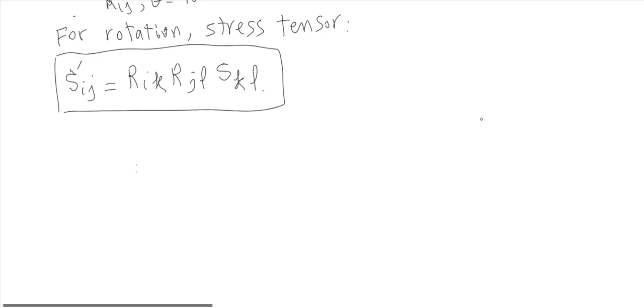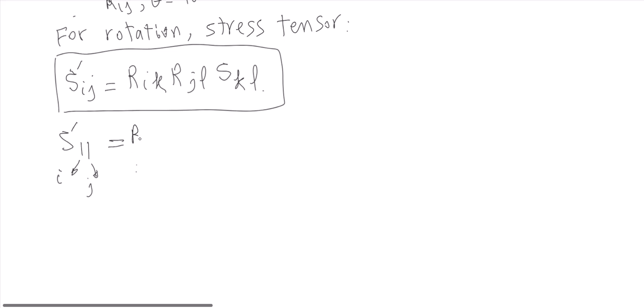Let's say take the two-dimensional, for example, and then if I come here and say, okay, let's expand this for S prime 1 1. So here this is i, this is j, these are free indices.